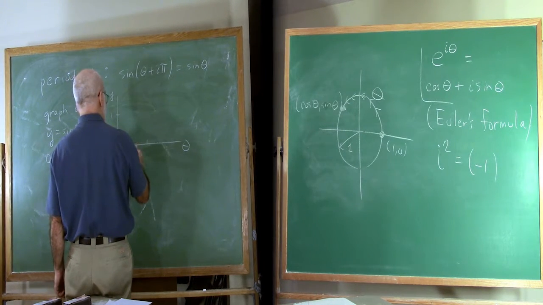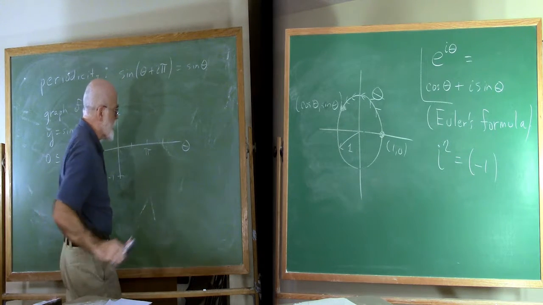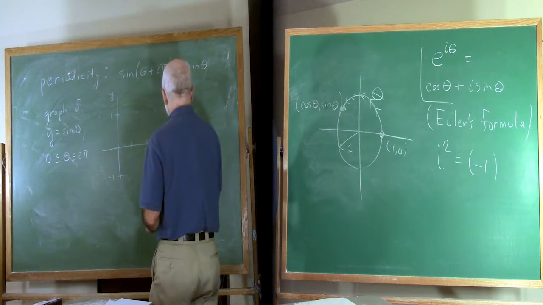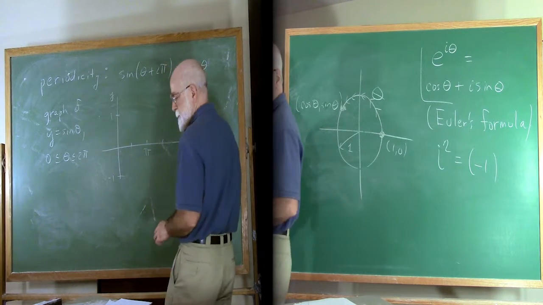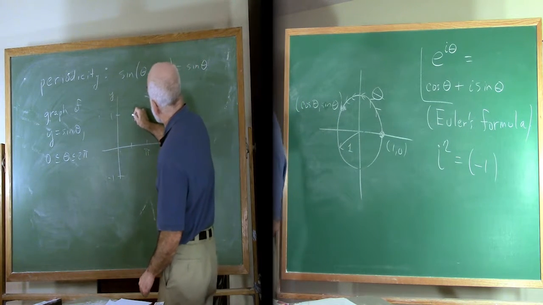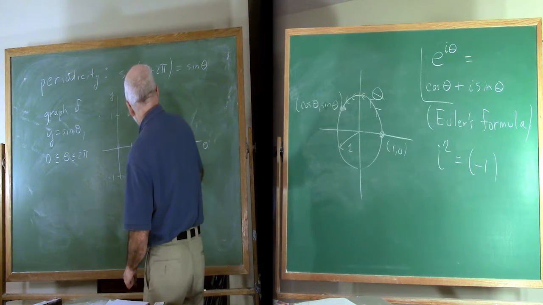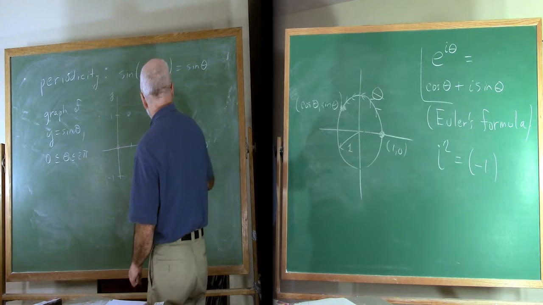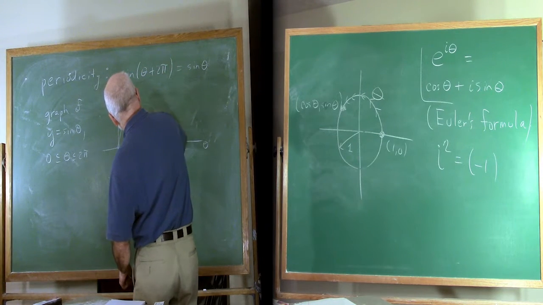let's mark off pi over 2, pi and 2 pi, horizontal axis. Turns out to look like this.